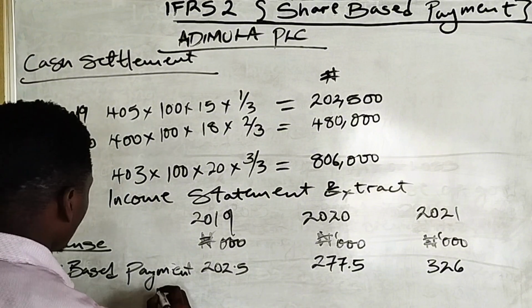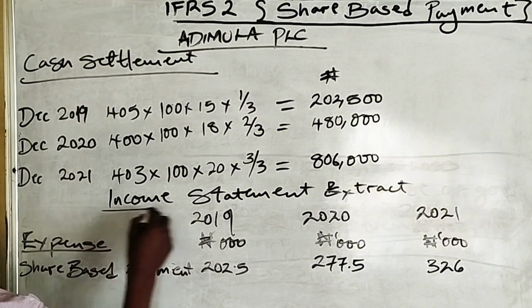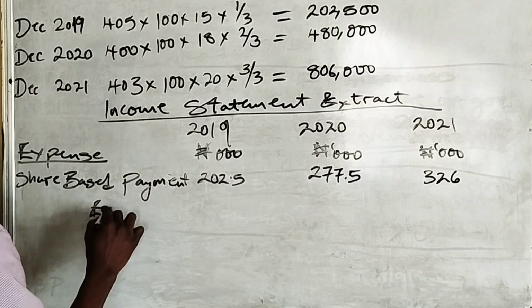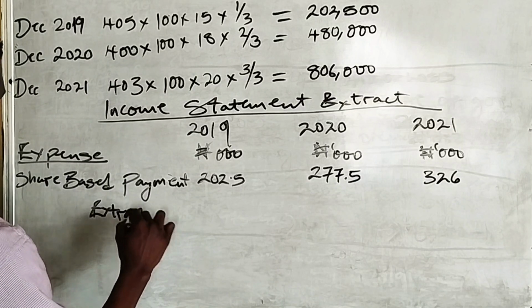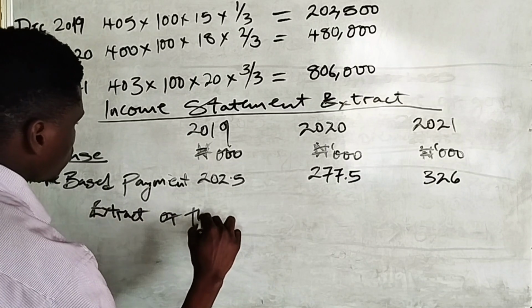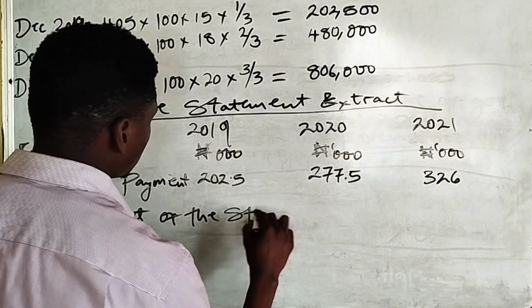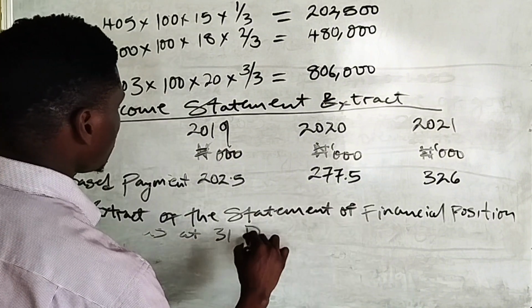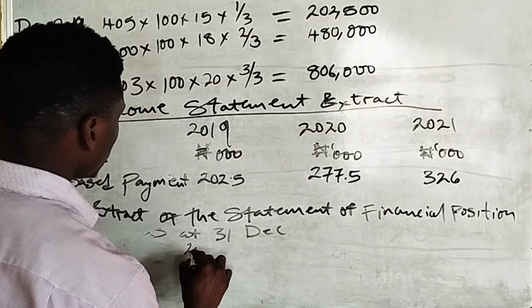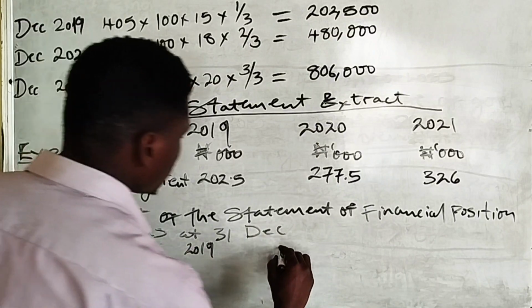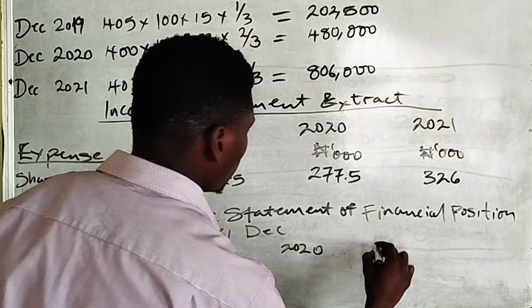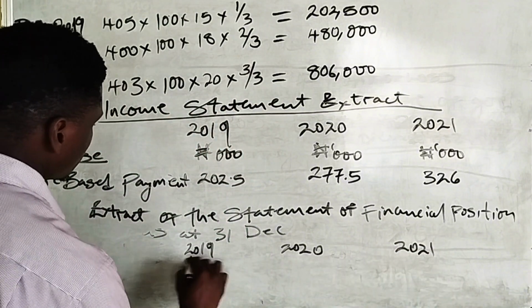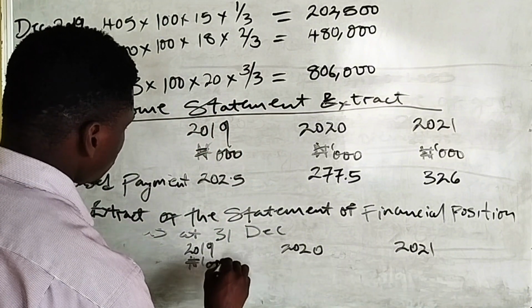Now, statement of financial position. So this is the extract. We have 2019, we have 2020, and we have 2021, in thousands.